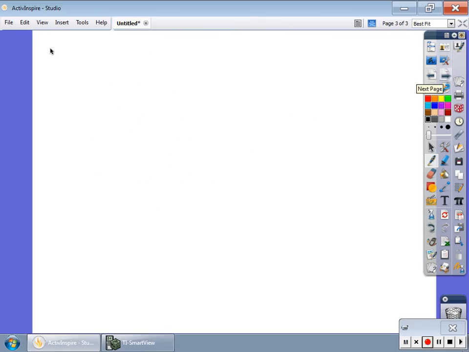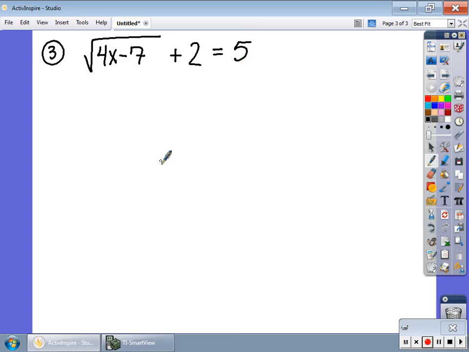The third problem we're going to do is the square root of 4x minus 7 plus 2 equals 5. Now with this, x is underneath this square root.